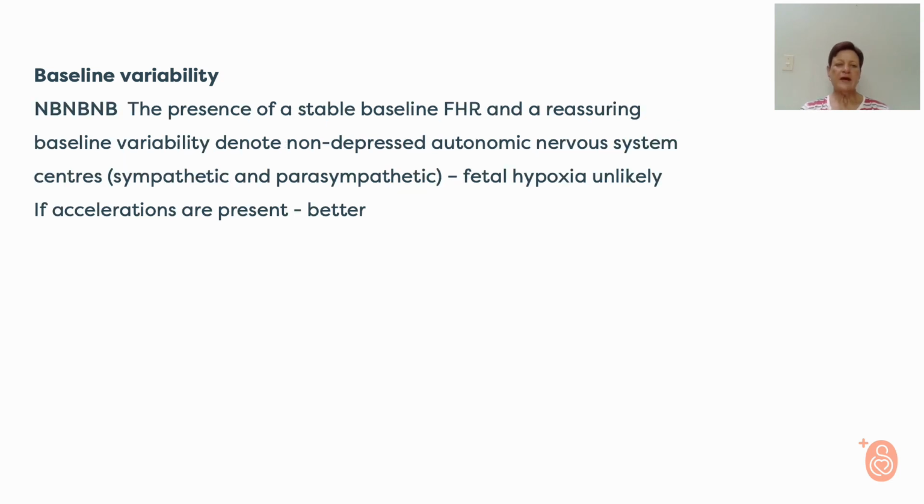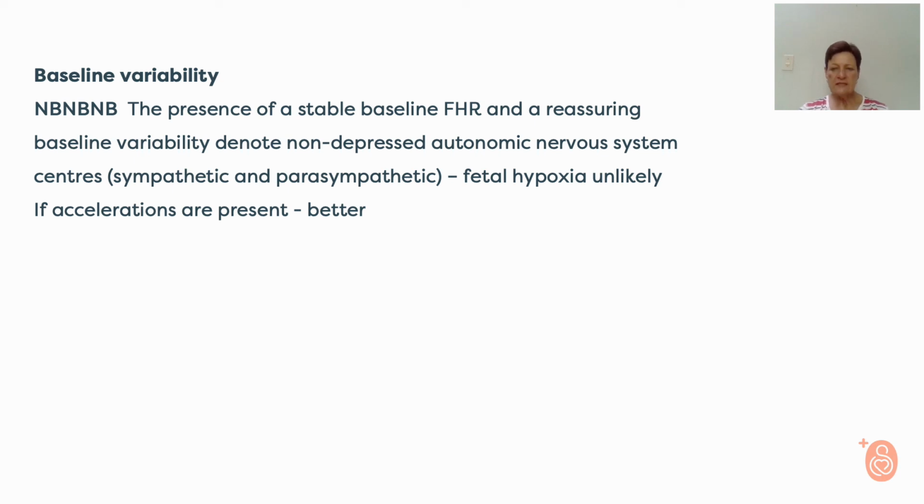Now, a very, very important aspect about the baseline variability is a good, stable baseline between 110 and 160 beats per minute, and a reassuring baseline variability, which tells us there's good variability.